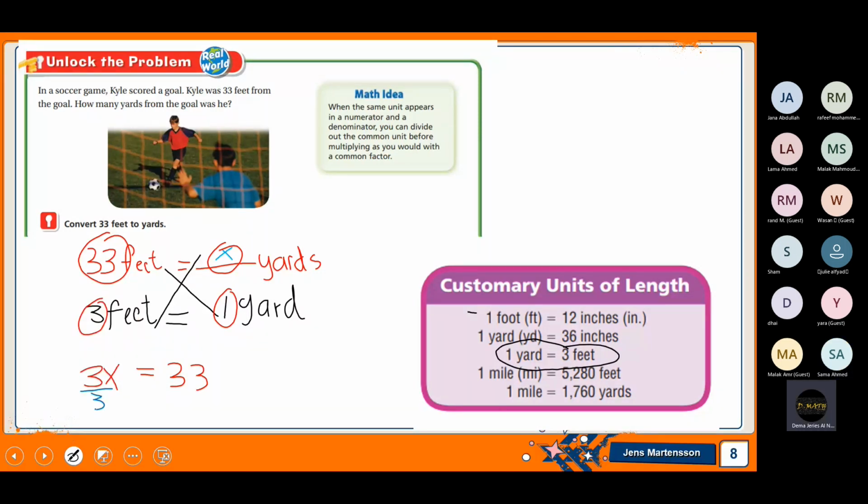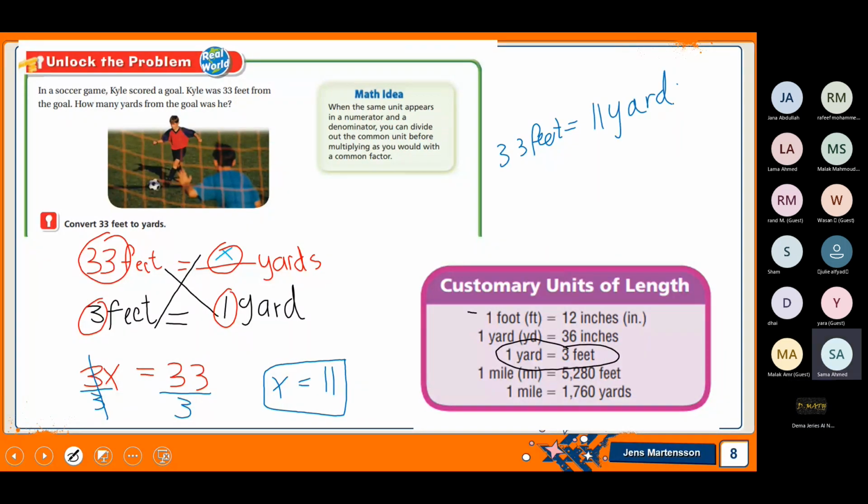So x equals what? 33 divided by 3, which is 11. So 33 feet equals 11 yards.